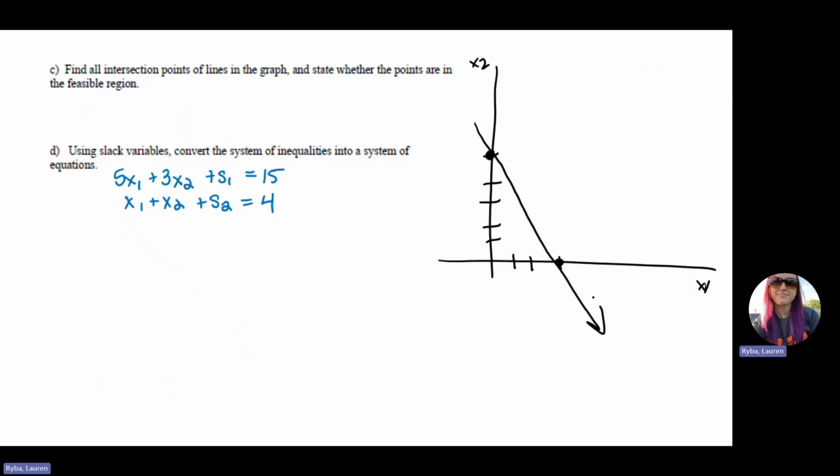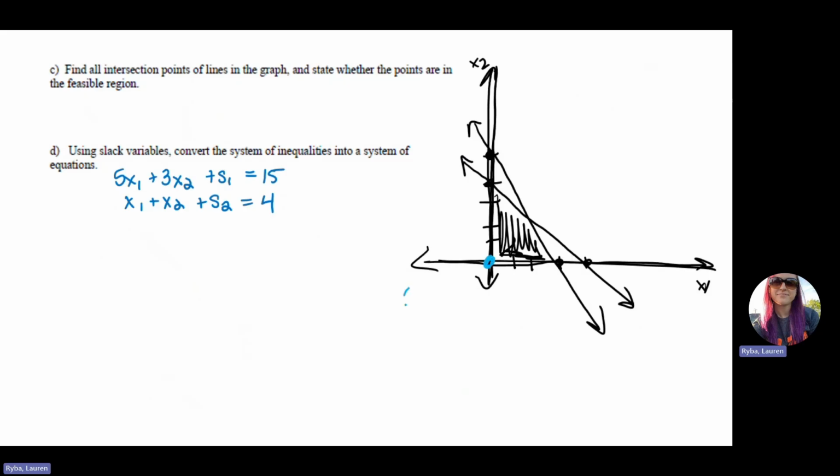So here's my first line. Second one, that's going to be 4 and 4. 1, 2, 3, 4. 1, 2, 3, 4. Like that. We also have the axes because they have to be greater than or equal to 0. This ends up being our final shaded region.